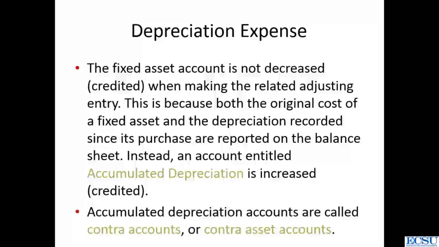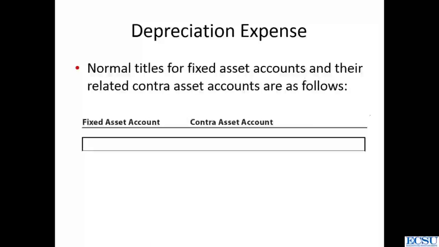Usually what we want to do is we want to know what was the original cost of the fixed asset, and whatever depreciation is recorded for its use, we want to have them in separate accounts. Therefore, we open a separate account known as accumulated depreciation account. It is a contra account. Why it's a contra account is because it reduces the value of the asset. So that is why we call it a contra asset account.